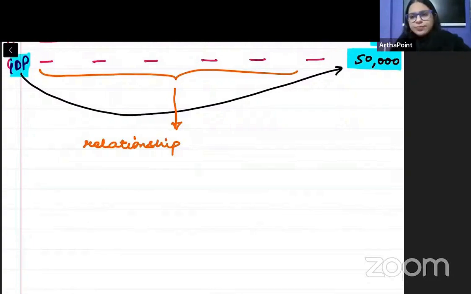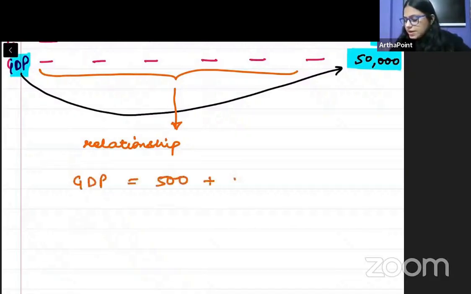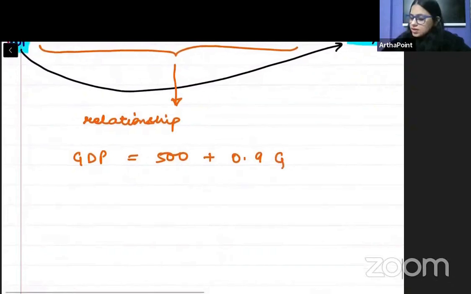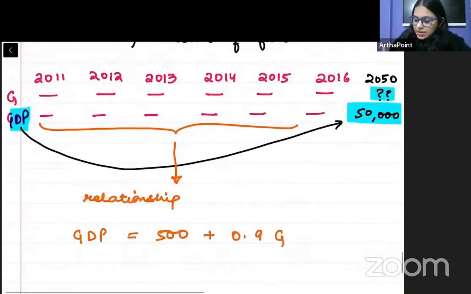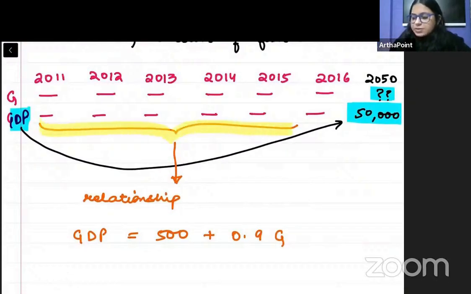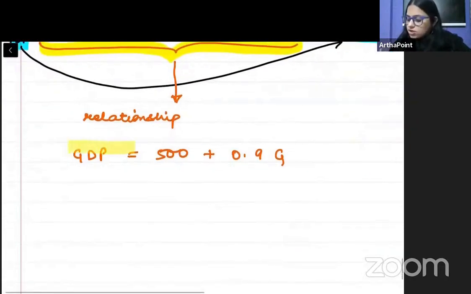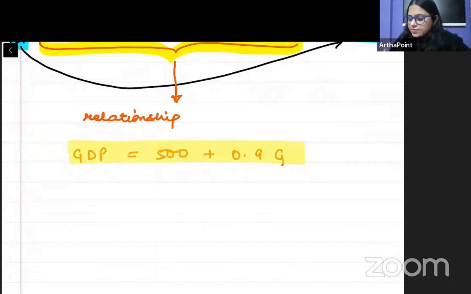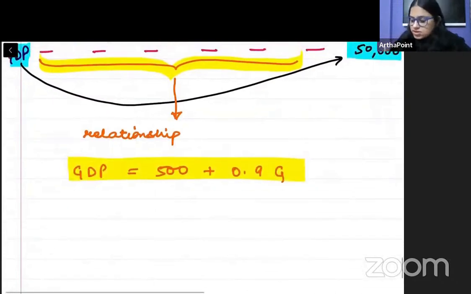So you formed some relationship. You told me, look, ma'am, the relationship is that GDP is equal to 500 plus 0.9 times government expenditure. According to this data, the data that you have provided me, ma'am, I have got this regression equation in hand. Suppose this is an example regression equation.